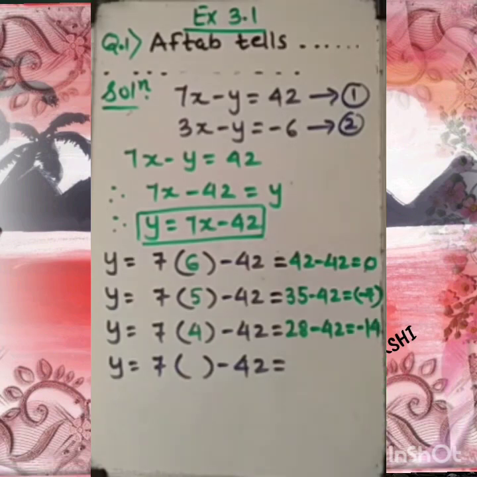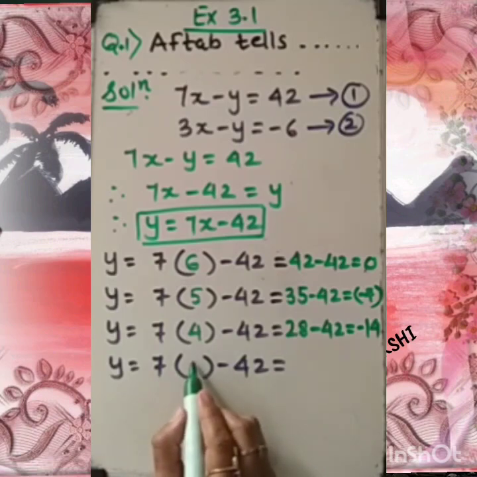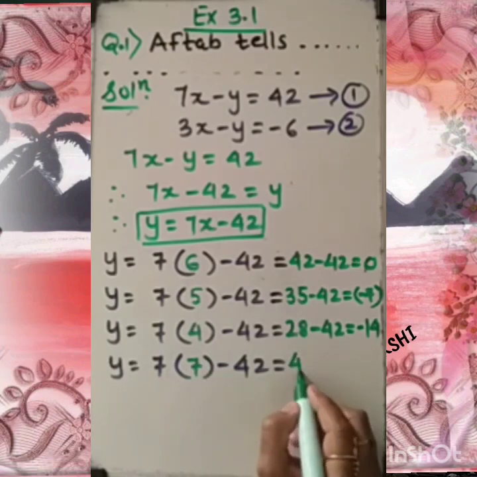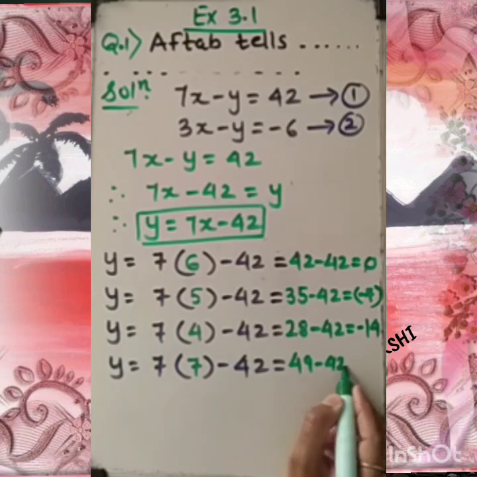That is also quite a big number. Minus 14. And here 7. Let me choose 7. Then 7 sevens are 49, minus 42 gives the result 7. So these are approximate.